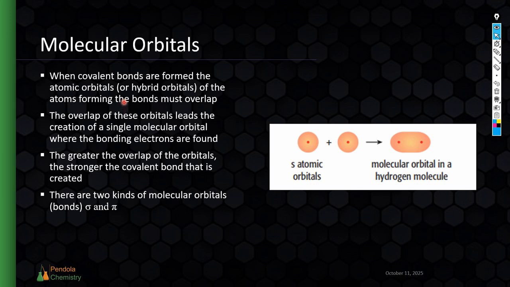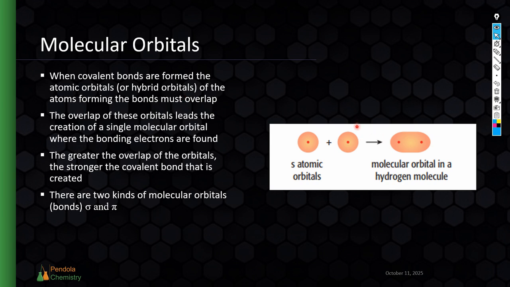So molecular orbitals, when covalent bonds form, they are formed by the combination of either hybrid or atomic orbitals that overlap with each other and then bond or meld together to form a molecular orbital.